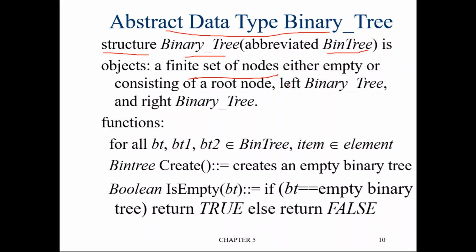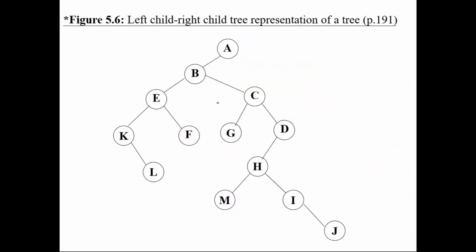A tree is a collection of nodes, and it can be either empty, okay, empty means there is nothing, or consist of a root node, a left binary tree and a right binary tree. That is, empty means there is no tree at all, or it may have a root node and a left and right binary tree. So what does it mean?